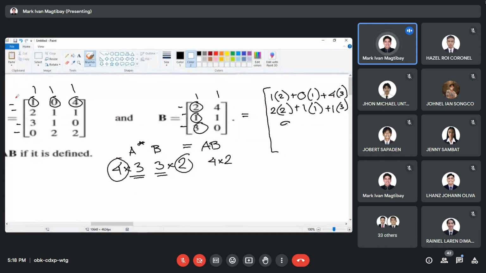So, kunin naman po natin yung A31. Okay? Row 3, but still on column 1 po. Okay? So, 3 times 2 plus 1 times 1 plus, yung last value natin, 0 times 3 po natin.